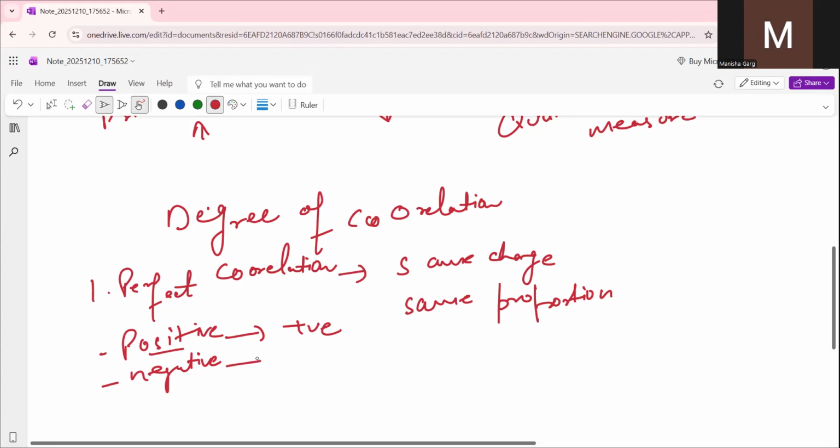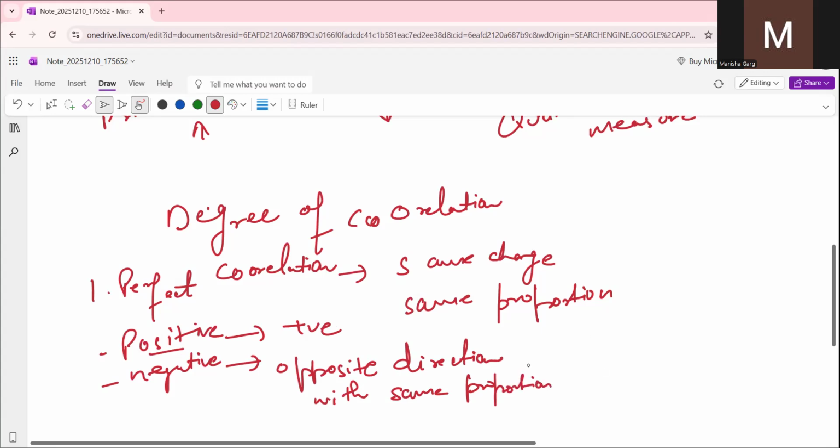And when variables change in the opposite direction with the same proportion, it is called negative correlation. Is it clear?